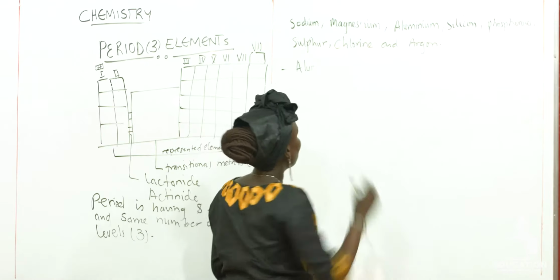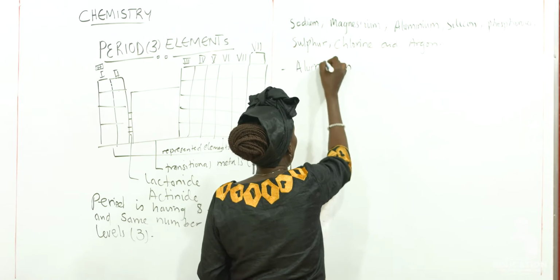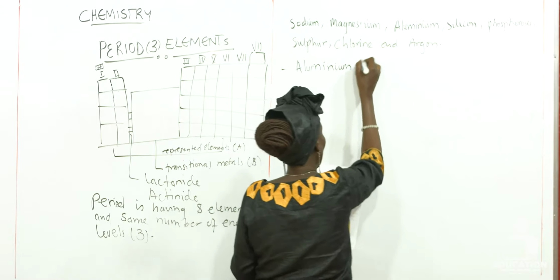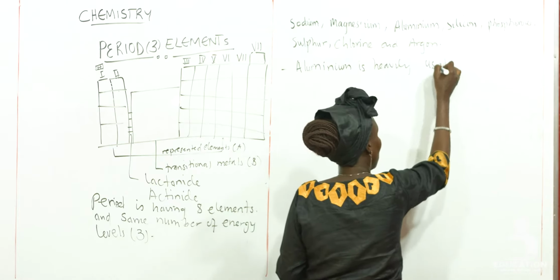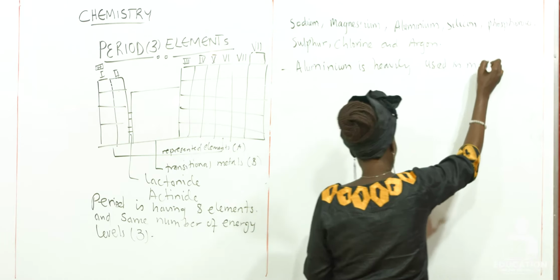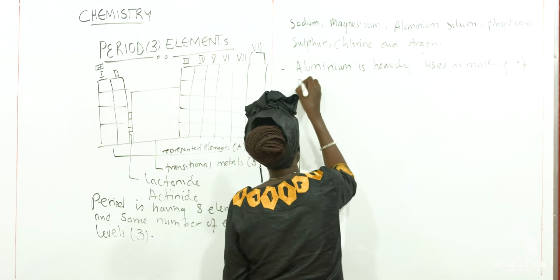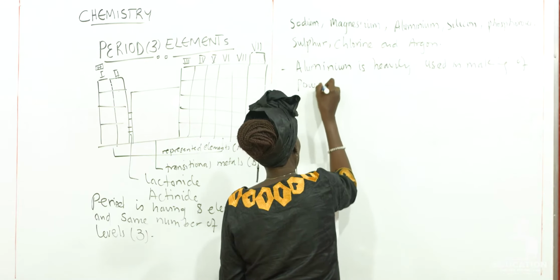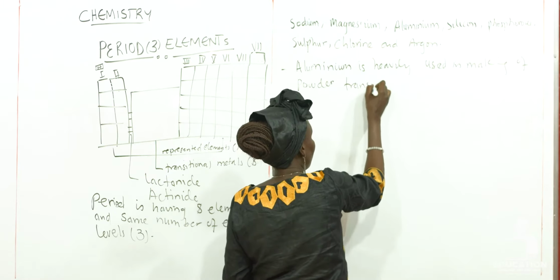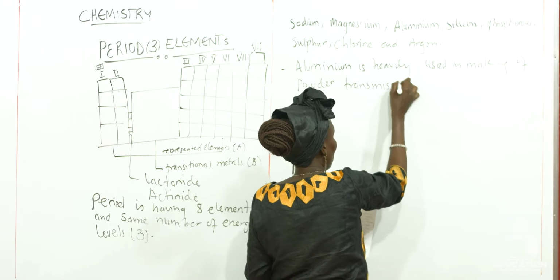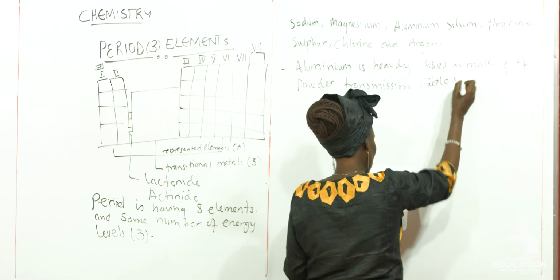So we represent aluminium. Aluminium is heavily used in making of powder, transmission cables, and major aircraft.